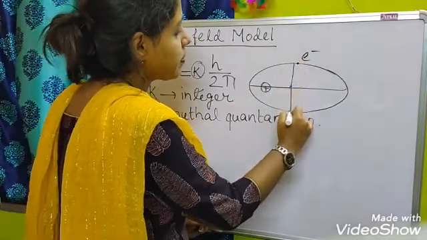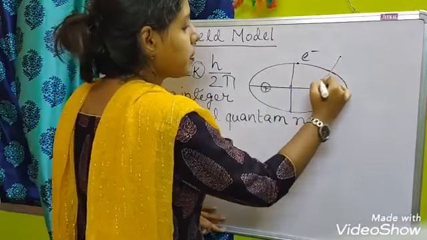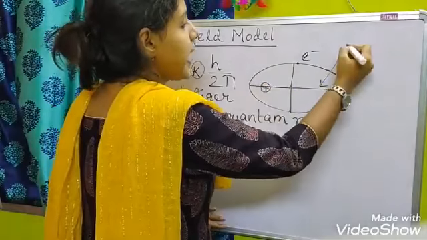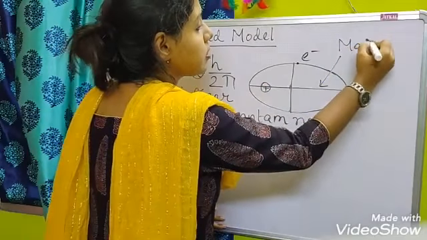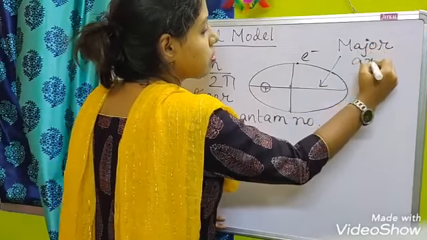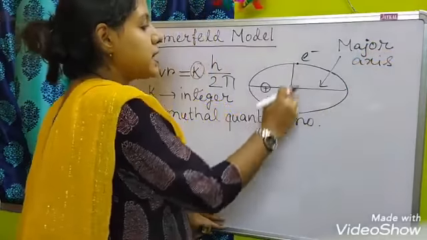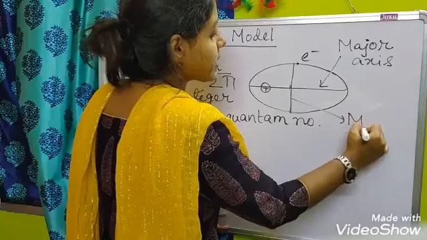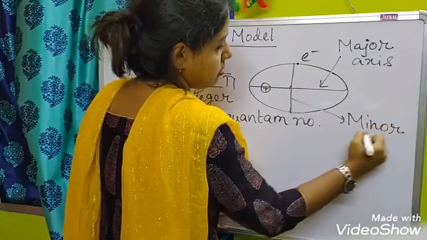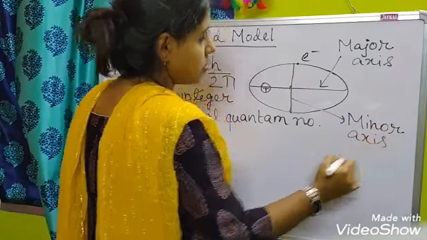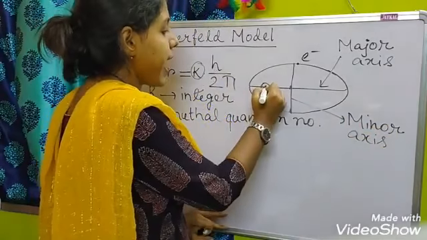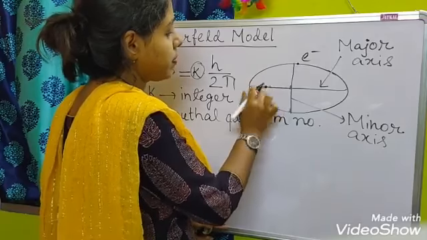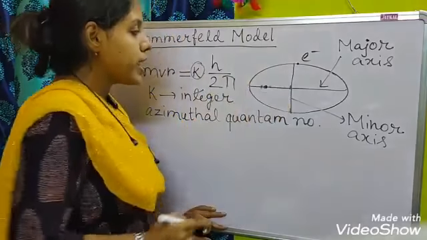This axis, which is horizontal, is the major axis, and this axis, which is vertical, is the minor axis. And here, at one of the foci, there is the nucleus.